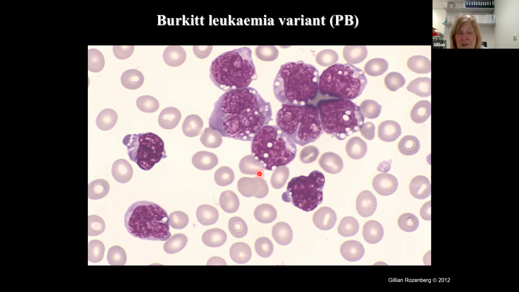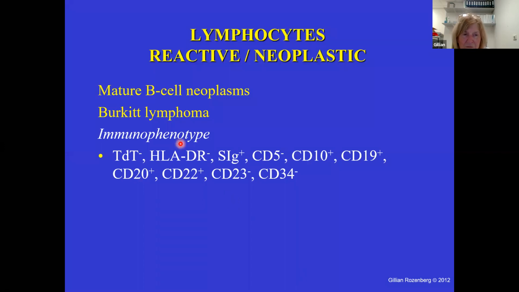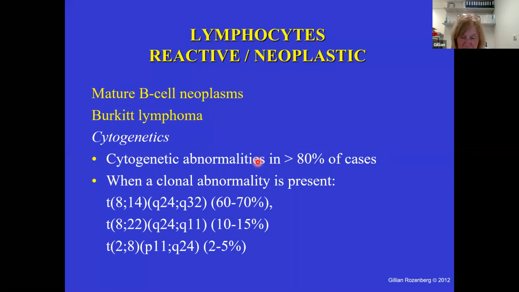It stained up positive for oil red O. So again, these are the immunophenotyping markers here, CD5 negative, and cytogenetics.